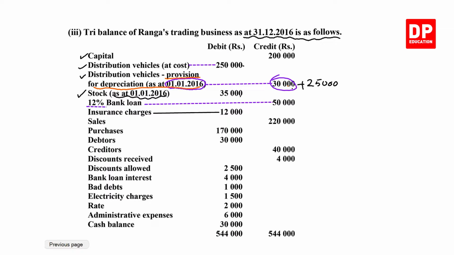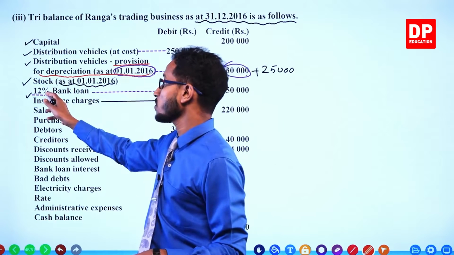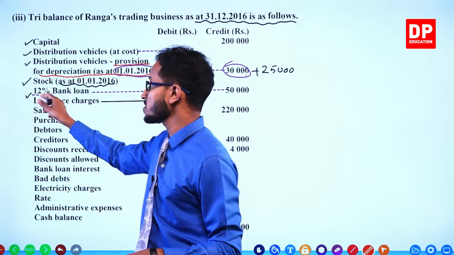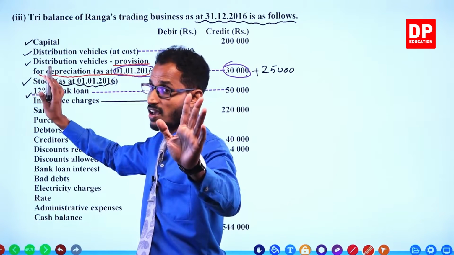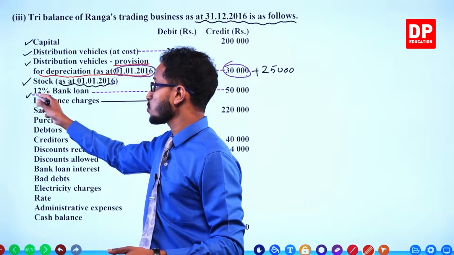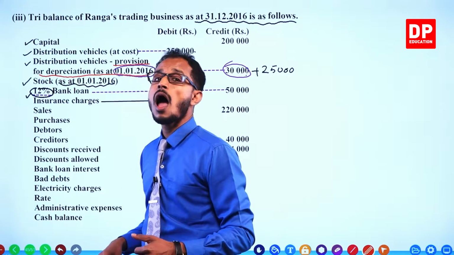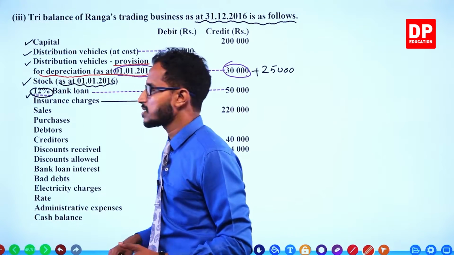Then 12% bank loan. Okay. Bank loan is a non-current liability. 50,000. And don't forget, I have already noticed this. See, I have underlined. It's 12%. That means you have to calculate the interest.